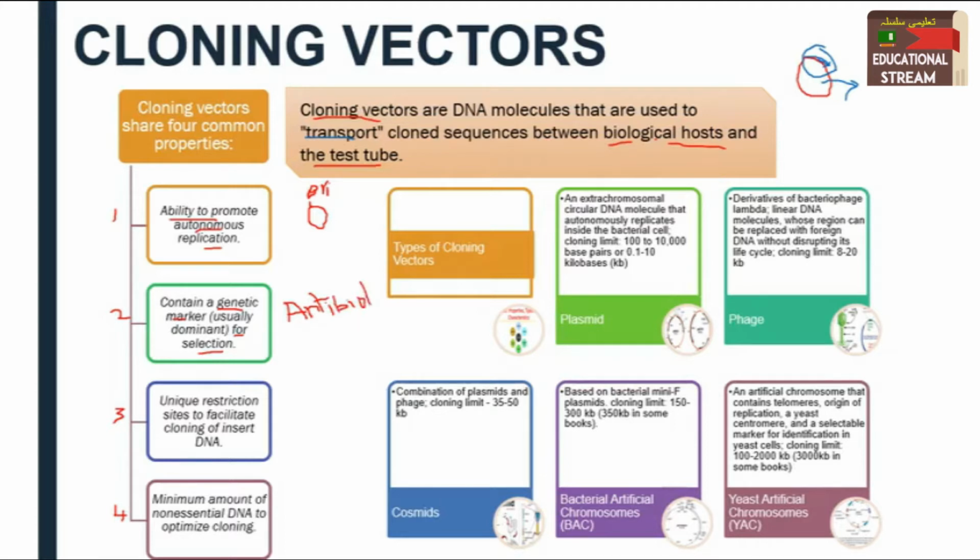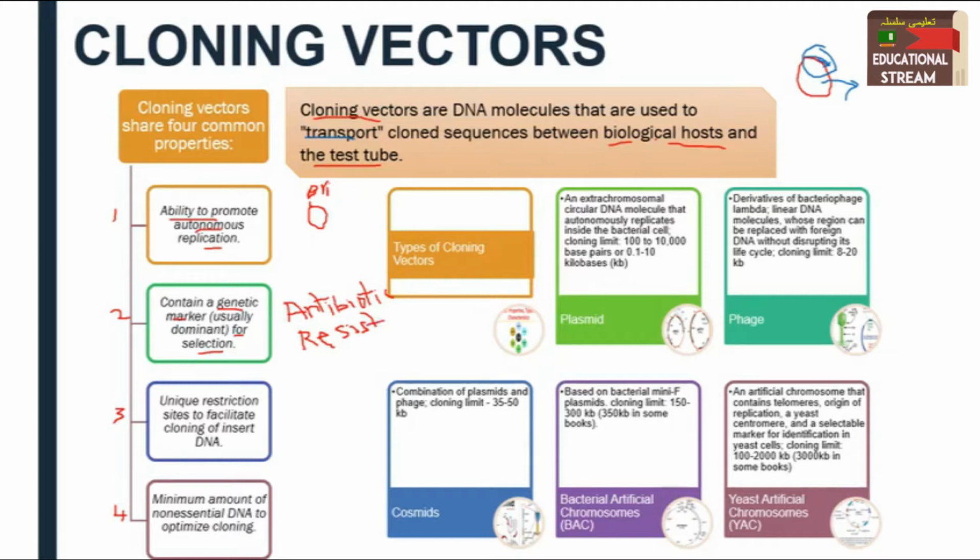That's why if we introduce a plasmid which contains that antibiotic resistance gene in it, then if the bacteria survive, it means that the vector has been transformed into the bacteria. So it is used as a genetic marker. I will write it as antibiotic resistance. We will discuss in detail shortly about these properties.